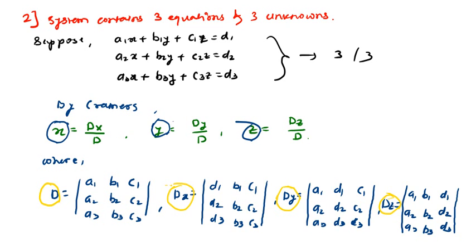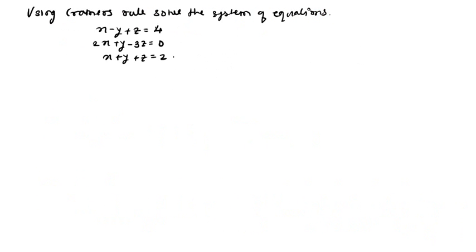For this we will see one example: to solve this system of linear equations, which contains three equations and three unknowns, using Cramer's rule.